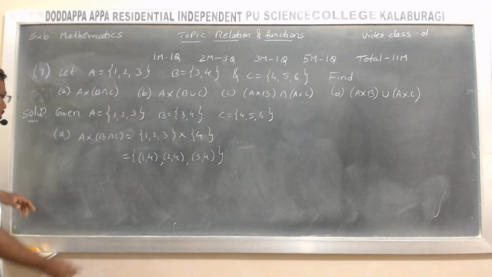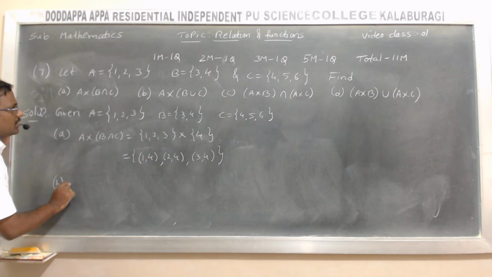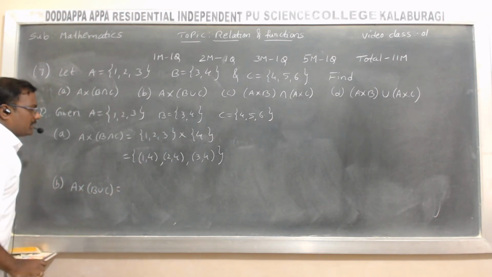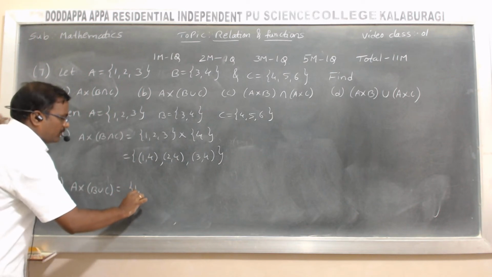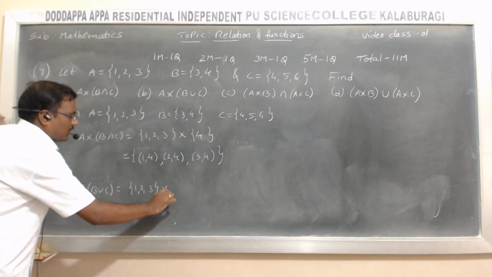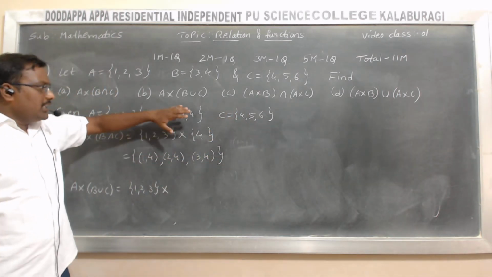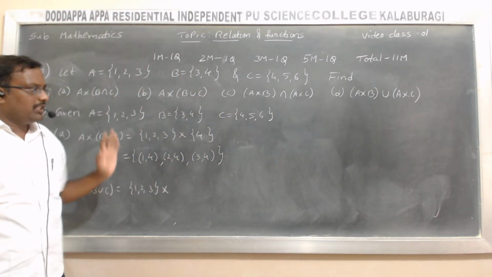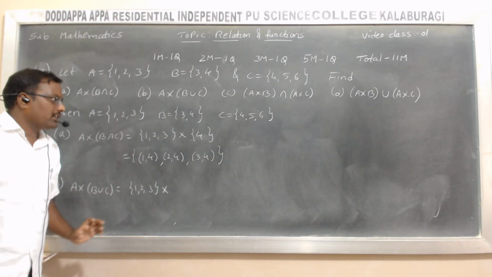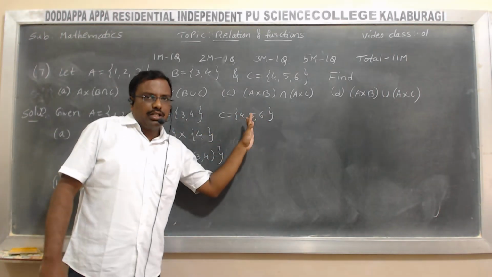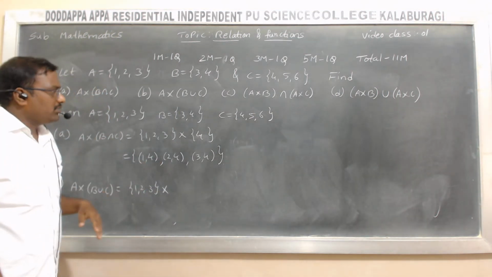Similarly, you can find the second one, A cross (B union C). So the A set is given {1, 2, 3} cross (B union C). We know that union means in the given two sets, whatever elements are there you take them all here. Here the B set is given {3, 4}, the C set is given {4, 5, 6}.